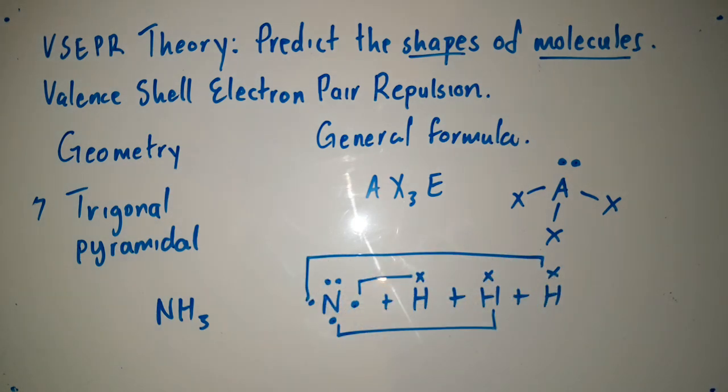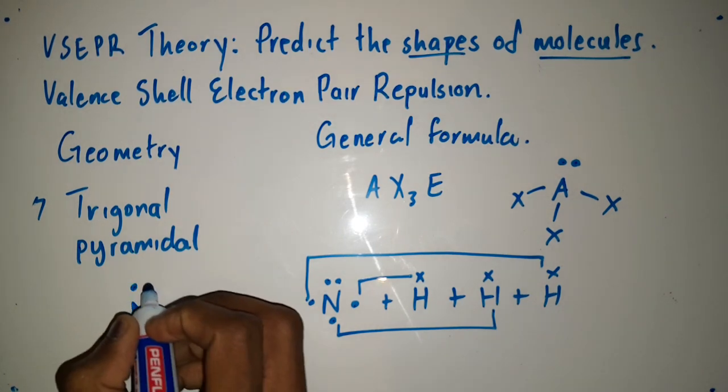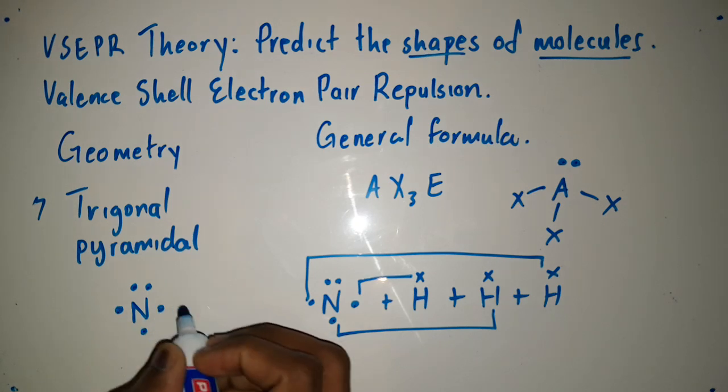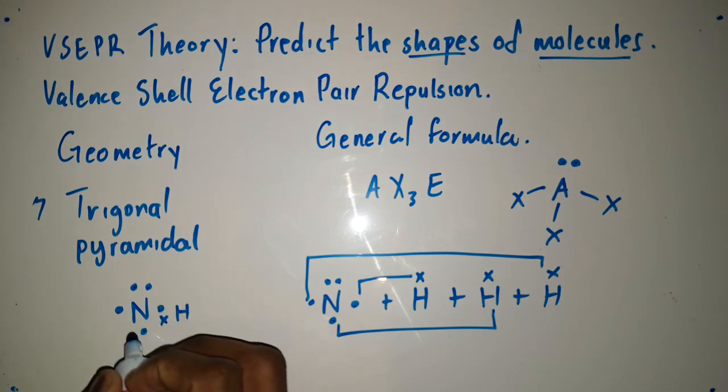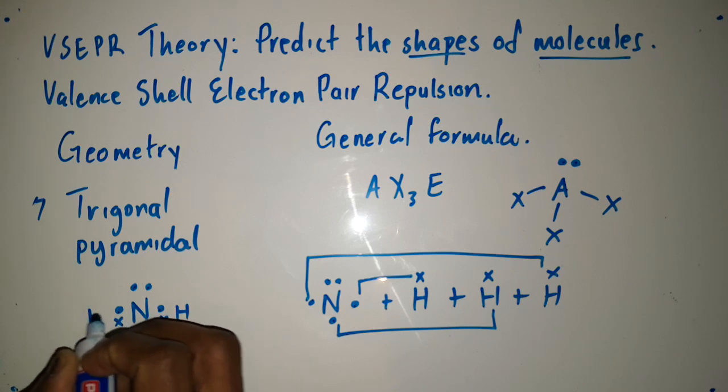At the end of the day, the structure that we are going to get looks like this. Let me draw it here. I'm going to get something like this, H somewhere here, another H somewhere here, another H somewhere here.